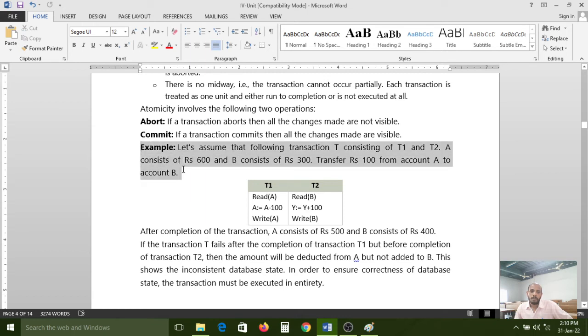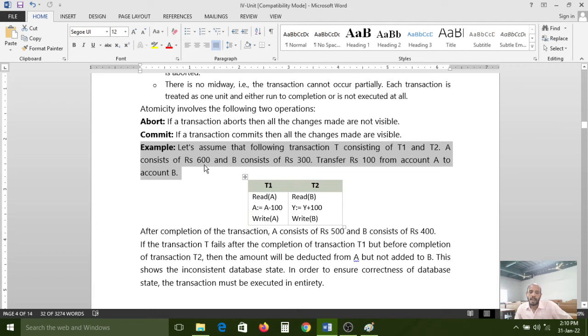Here I have given one more example. Let's assume the following transaction T, consisting of T1 and T2. T1 is the first transaction, T2 is one more transaction. A has 600 rupees and B has 300 rupees. So the A account has a balance of 600 rupees, and the B account has a balance of 300 rupees.